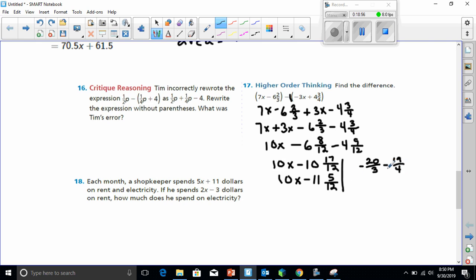Once again, we would have had to take our denominators, and I would have had to multiply this by 4. So this would have been negative 80 over 12.